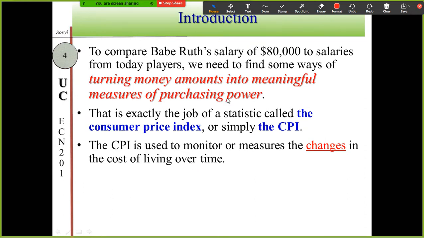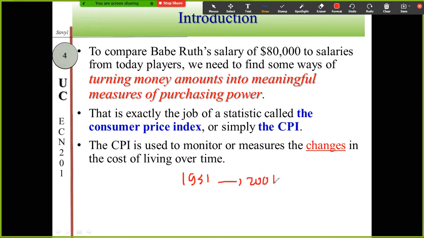For example, Ruth in 1931, Barry Bonds in 2001, and Clayton Kershaw in 2015 were each the top player. So we use the CPI to measure the changes in the cost of living over time.